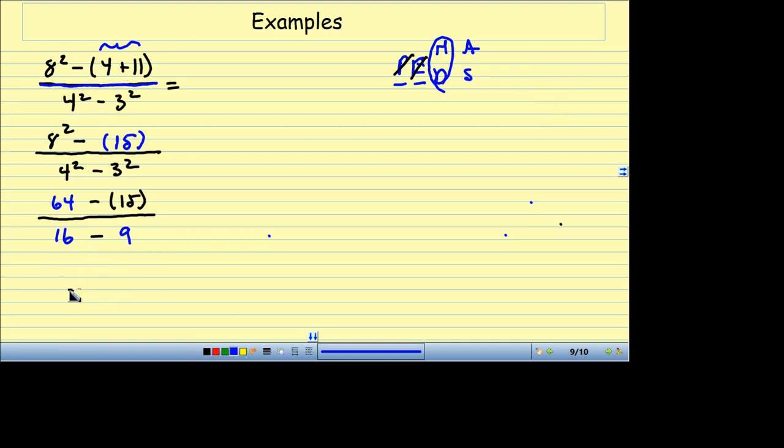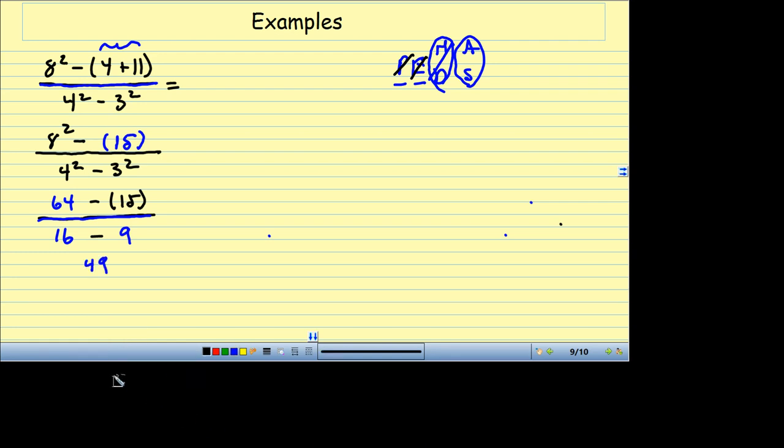Now what I'm going to look for is multiplication and division. Nope. Remember, I'm doing this division last. Okay, so no multiplication or division. Done with that. So I'm on addition and subtraction. So 64 minus 15. All right. Well, that's 49.